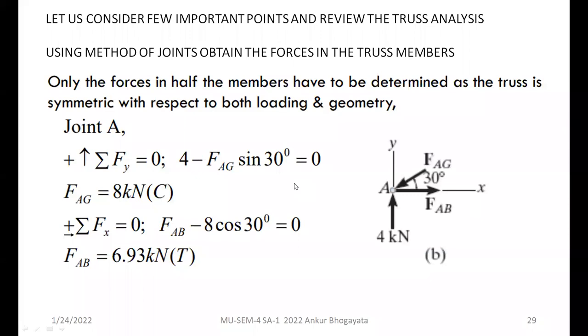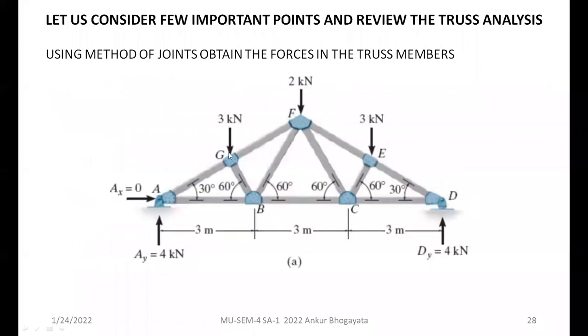Try to get the answers for the members, assuming at GF and GB. Now we are interested in GB and GF. We are focusing on joint G. Don't forget to take account of 3 kilonewton in this calculation.